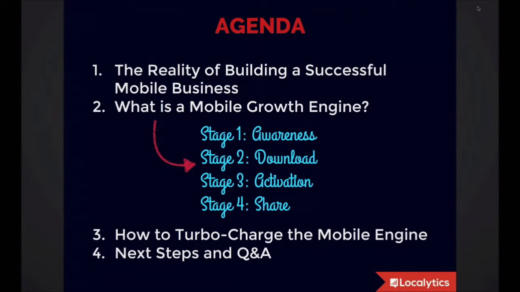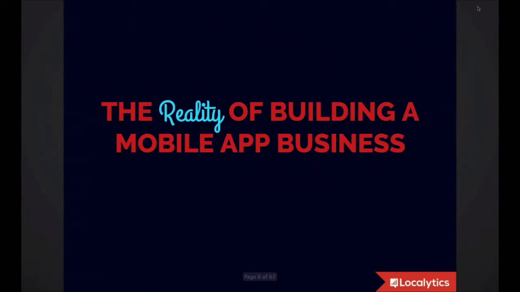The agenda is focused on that mobile growth engine, in 4 stages: driving awareness, getting downloads, activating those users, and ultimately getting them to share their experiences with your app, creating a virtuous cycle where they drive more people into the top of your funnel. Then we'll talk about some of the channels and how to turbocharge your marketing engine, and then we'll take your questions. So let's jump into how to create a really strong mobile app business.